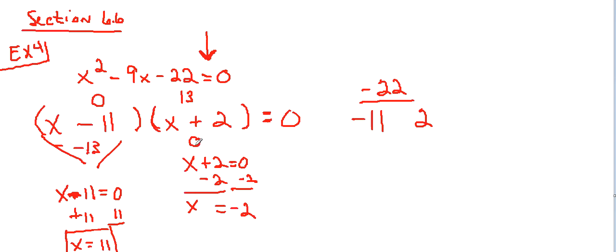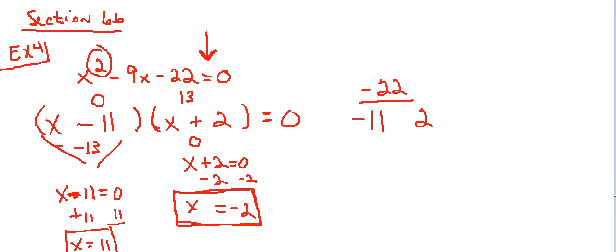So negative 13 times 0 is also 0. So this would be my second solution. I have two solutions. And what indicates you're going to have two solutions is the exponent in the original equation. X to the second power tells us that we could have up to two answers. And in this case we do, 11 and negative 2.